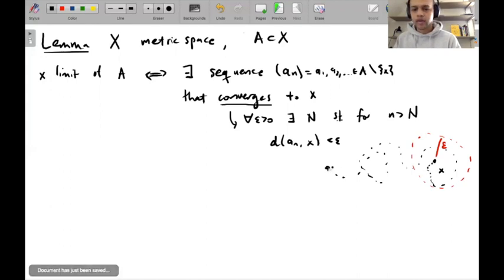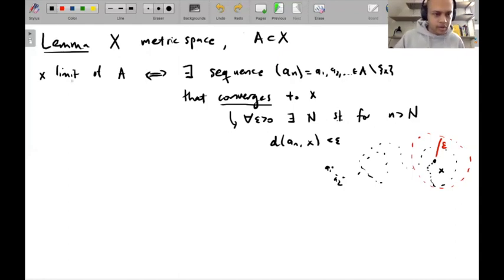So here you have a1, a2, etc. And this definition of convergence says that eventually, and that's what this N is indicating, all the points lie inside this epsilon ball. Okay, so there's this sequence interpretation of being a limit point of A.